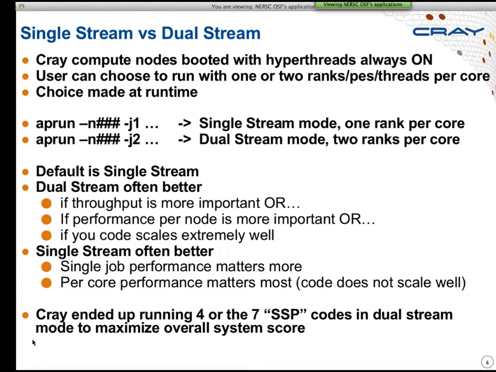If this is just MPI, single, no threading, I'll use the term rank. Or -j2 is dual stream mode, which is two ranks per physical core. Or you might say two ranks, and then there are two virtual cores on the one physical core, or two ranks per compute unit. Choose your terminology here.